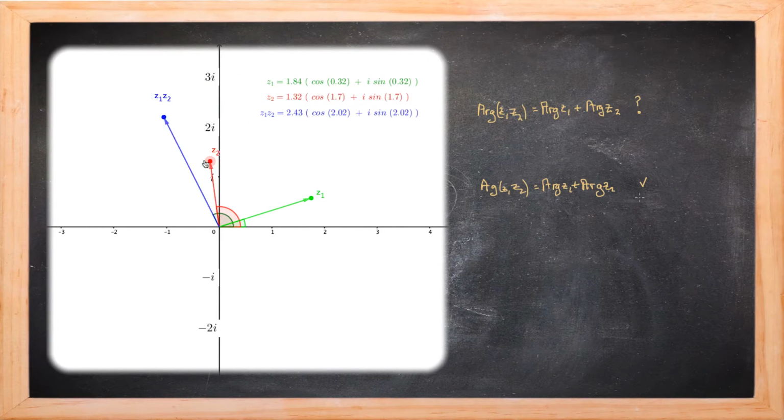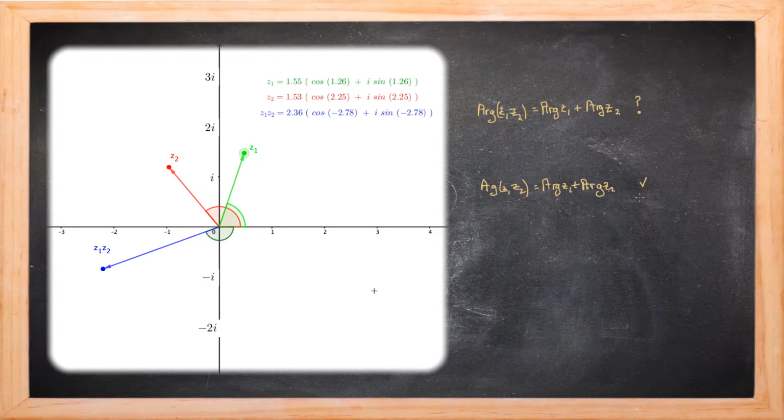Let's move to a different situation, where it now becomes obvious that the argument of z1 plus the argument of z2 does not equal the principal value of the argument of z1 z2. If we go into more detail, when we add arg z1 and arg z2 together, we get 3.51 in this case.